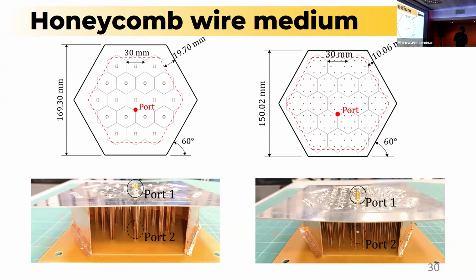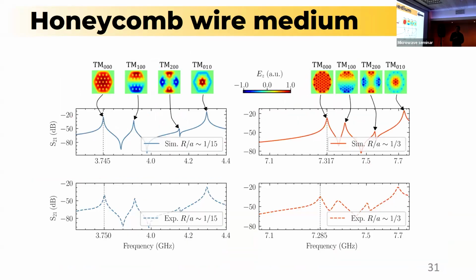So the two-port system, this time we have two fixed ports. They are again monopole antennas to excite the modes, the TM modes, which have the electric field parallel to the wires. And the results are the following. Again, we are also getting some simulation results from the ideal conditions of the experimental prototypes.